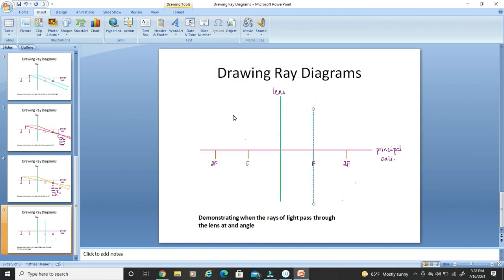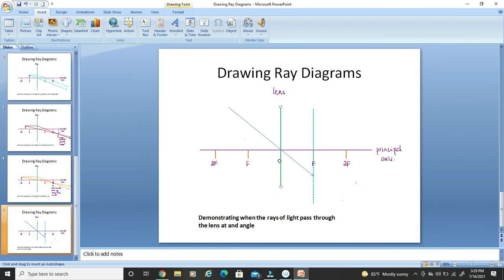And we're going to explore what if a light ray enters the lens diagonally and passes directly through the optical center. That is where the lens and the principal axis cross, or form a cross here.